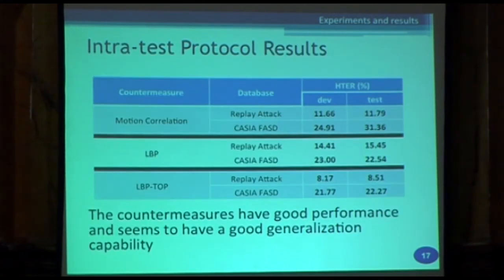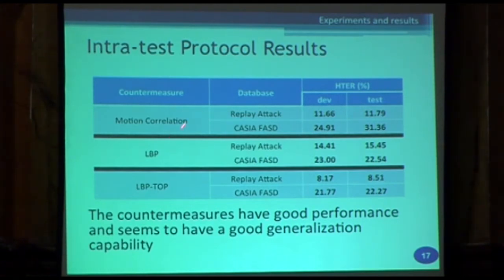Here are some results. Here we have the countermeasures, motion correlation, LBP, and LBP-TOP, working in the Replay-Attack and CASIA anti-spoofing databases. As a performance measure, we use the half total error rate. So what can be observed here?